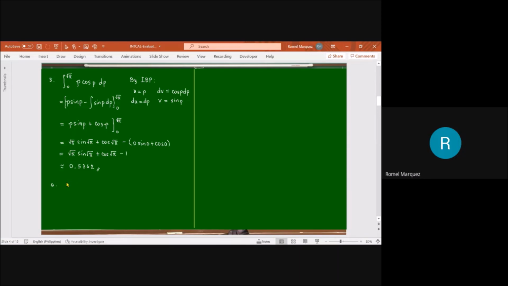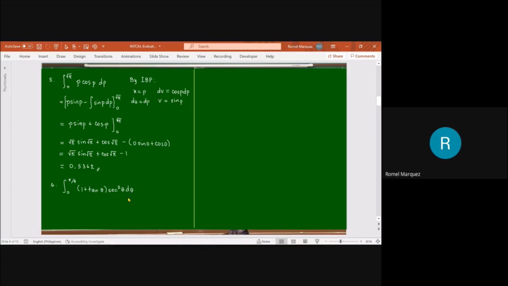Let's have this one. Integral from 0 to pi over 4 of 1 plus tangent of theta, secant squared theta d theta. Okay?